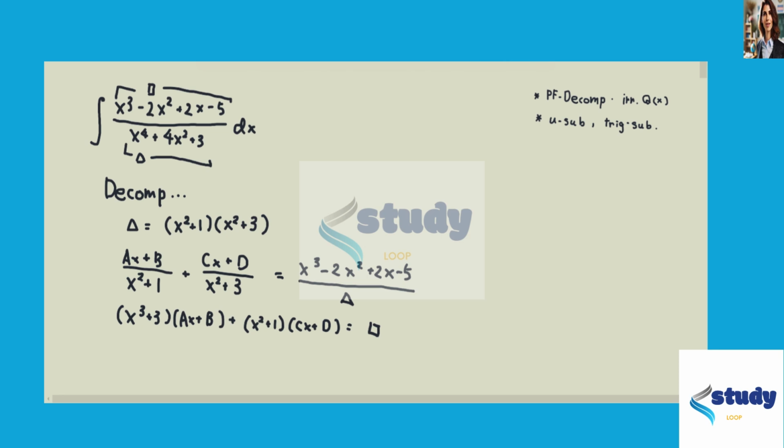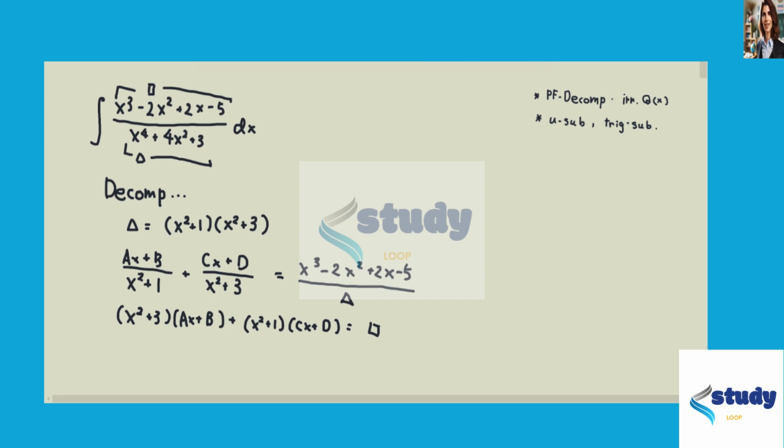Now, there are two paths that most people take whenever they do partial fractions. One type of people will actually expand the left side, simplify it, and then compare the coefficient of each of the terms that you have on the left and the right. So for example, on the left side, you will have a, oh, that should not be a cube, that should be a square. Excuse me.